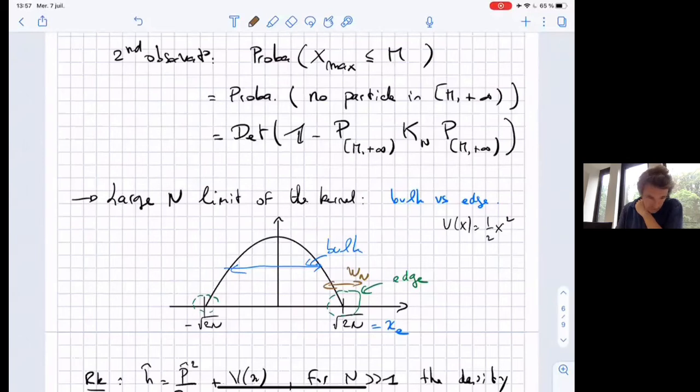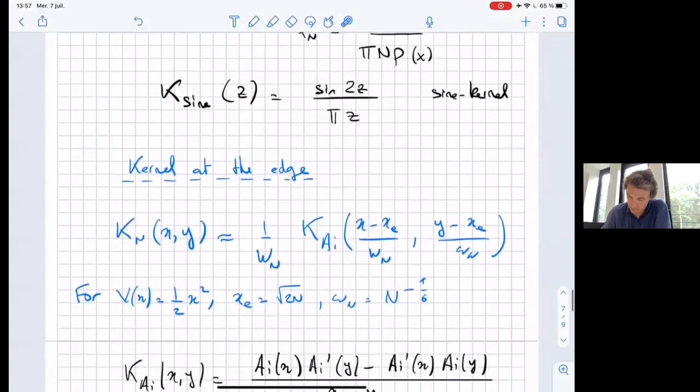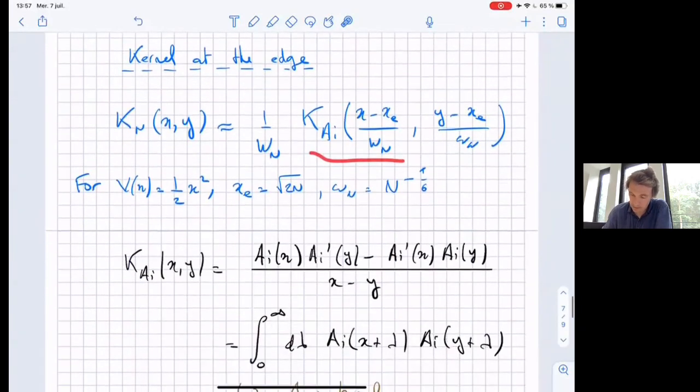If you insist on computing that, you can use this formula and the fact that if you want to look at the typical distribution of the largest eigenvalue, then you need to look at m very close to the edge. That means that you will be able to use the asymptotic formula of K_n that I just gave for you. That is this Airy kernel.